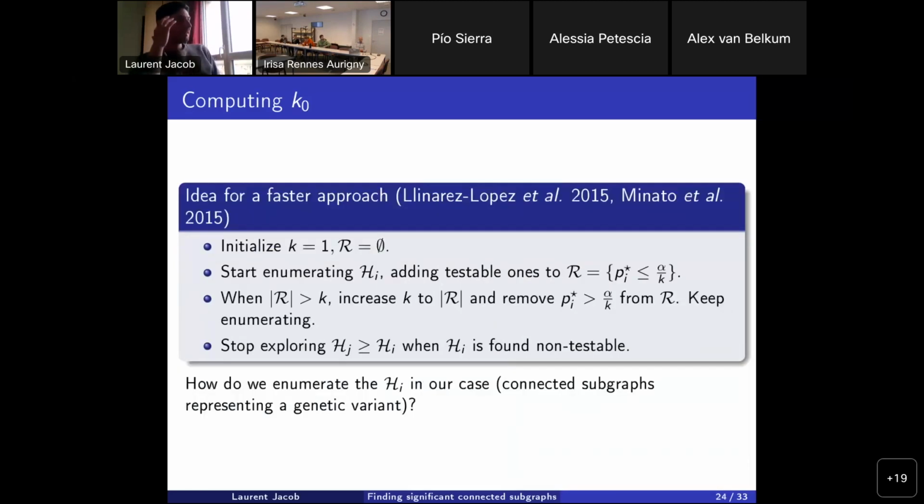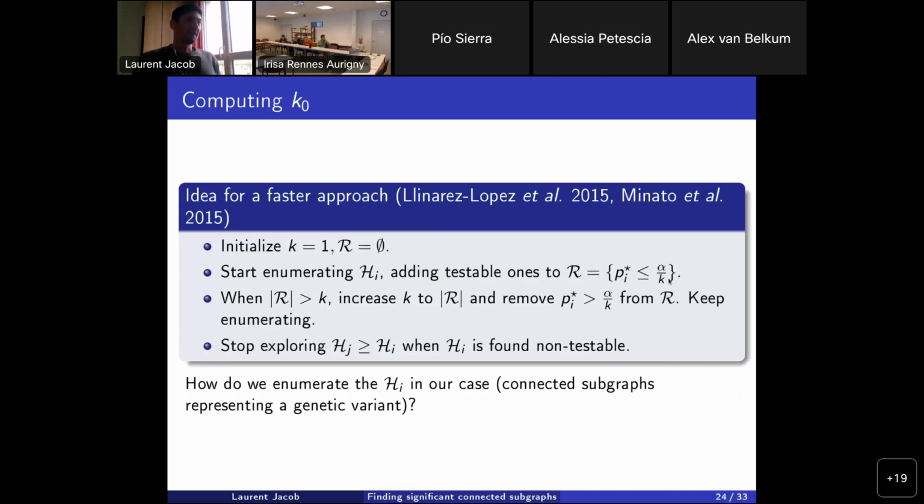So here's the idea that we used and that was proposed before by other papers for a faster approach. The algorithm is to initialize k to be 1, and you have an active set of testable hypotheses. And then you start enumerating the hypotheses that you want to test, and you only add the testable ones, okay? The ones for which the minimal p-value is smaller than alpha divided by your current value of k.